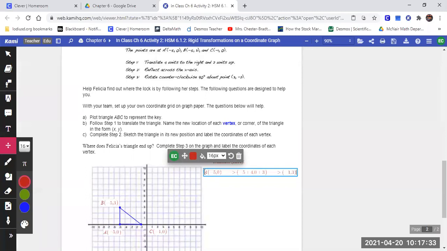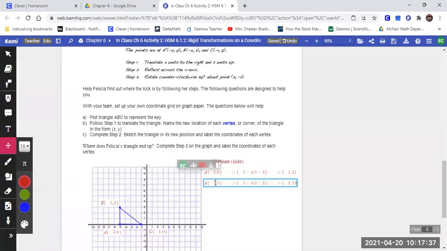We're going to take the original B, which says -5, 3, and we're going to add 4 to the x and add 3 to the y. So my existing x was -5, my existing y was 3. So what would the new location be? Not -1, 3. -1 what?